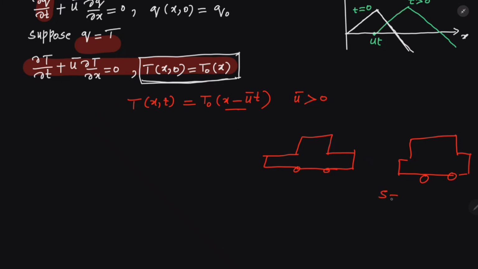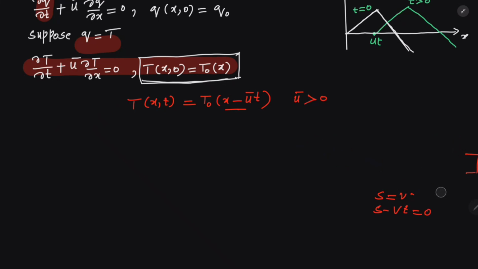You just measure s is equal to vt. The car remains the same, although in this figure it doesn't look the same, but it is the same. It just covers a distance. So s is equal to vt. You can call it s minus vt is equal to 0, something like that. I hope you got the idea.